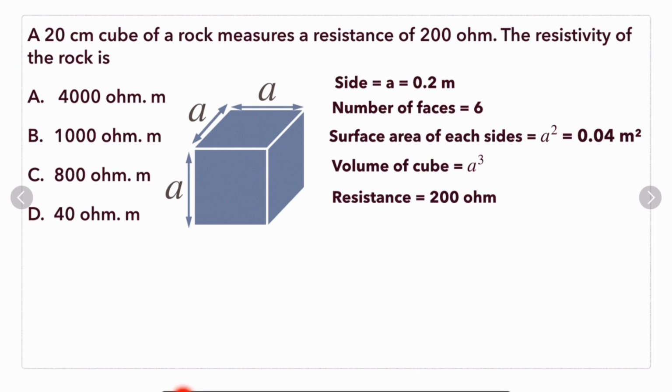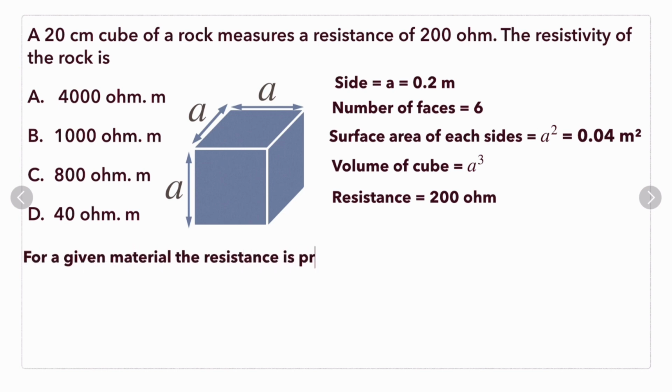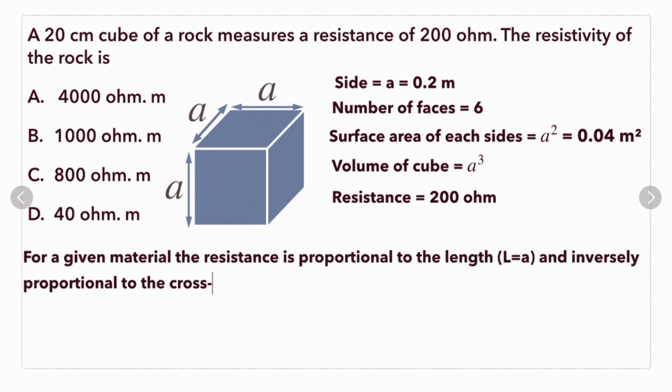Now one more thing is given, the resistance, which in the problem is 200 ohm. So these are the given parameters. Next, for a given material the resistance is proportional to length and inversely proportional to cross sectional area, so resistance depends upon the length as well as the cross sectional area.